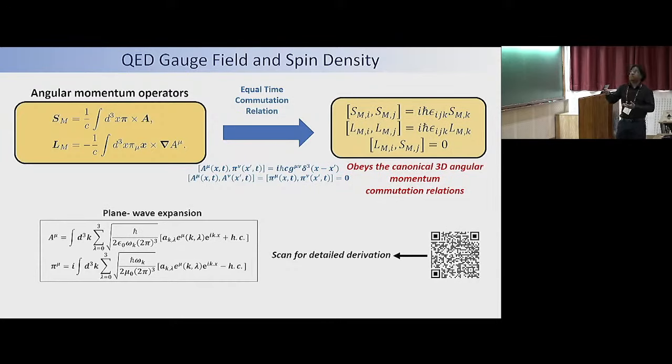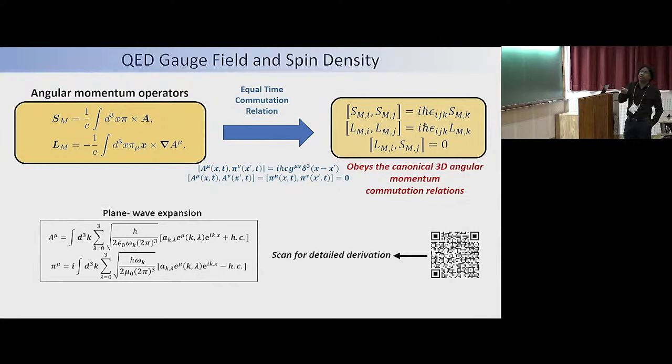Dirac particles have the exact same relationship. And what is interesting is that if you go through this prescription carefully, you can show that the Dirac particles will obey this and the gauge bosons will obey the exact same commutation relationship. So on the same footing, you can look at both of them.